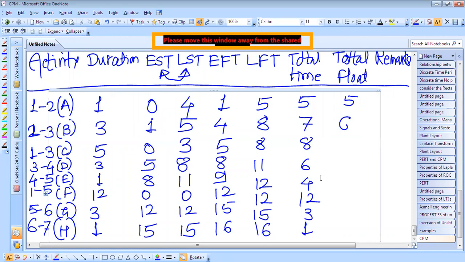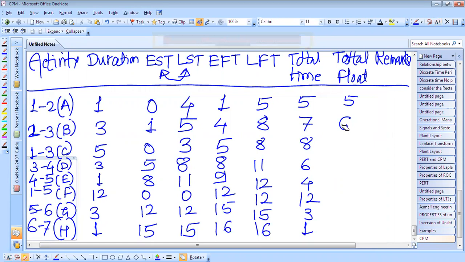So this total float is calculated from the LST minus EST. LST minus EST, yes. LST minus EST. 4 minus 0, sorry. So it is 4.